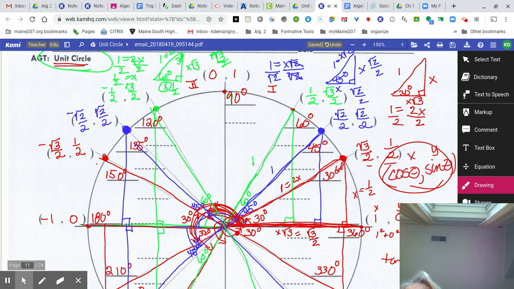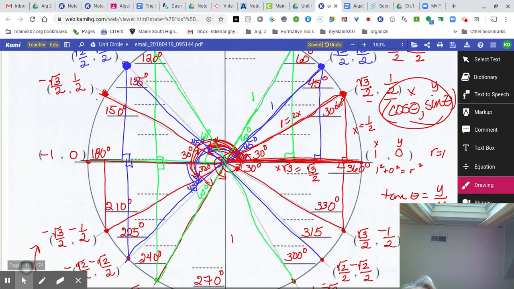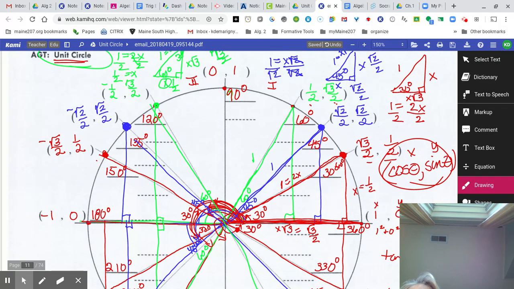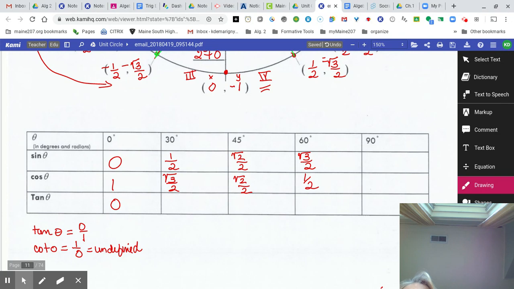Here's the cosine, and here's the sine. Now, the last one was 90 degrees, and so here is my ordered pair: 0, 1. The cosine was 0, and the sine was 1.